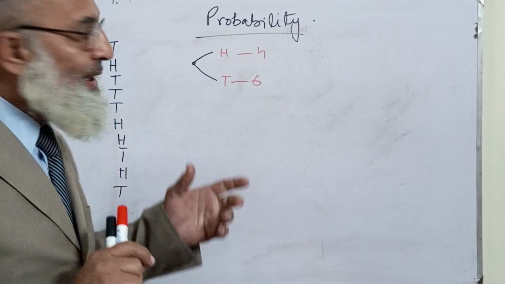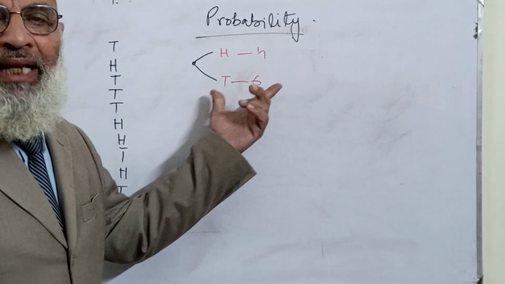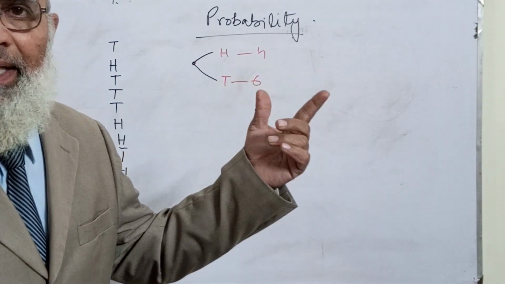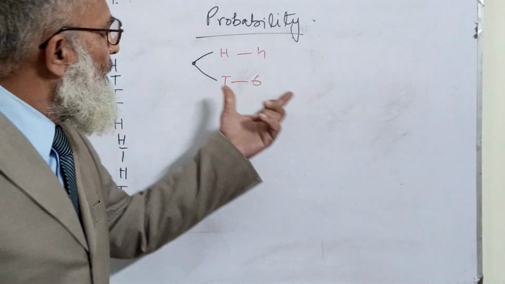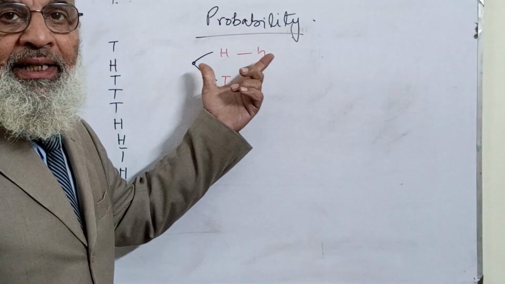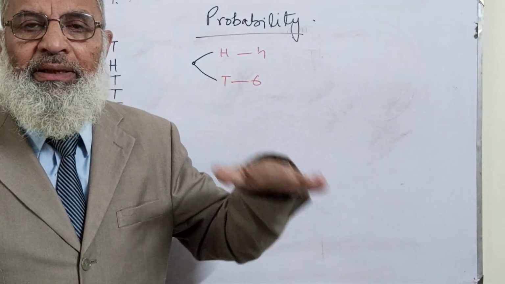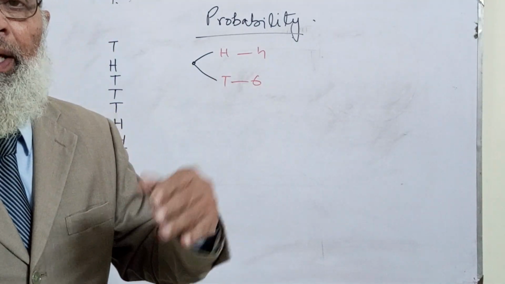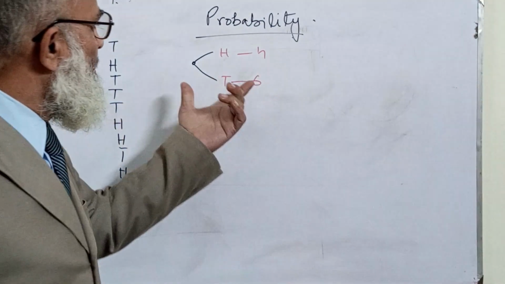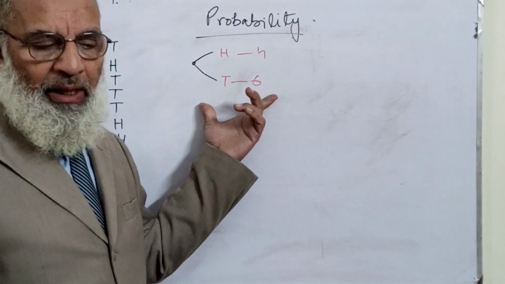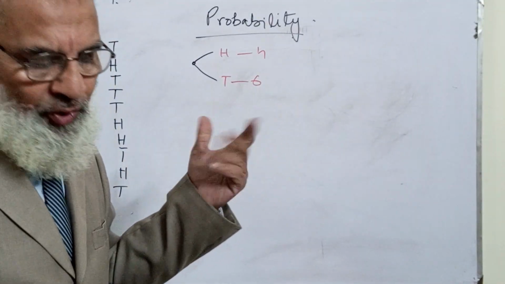It is equally likely. There was an equal chance that head will appear on the top, and an equal chance that the tail will appear on the top.